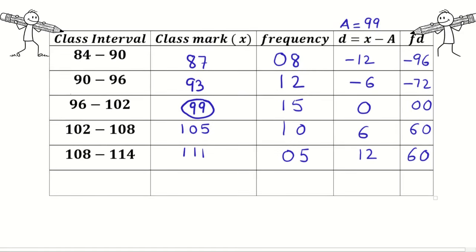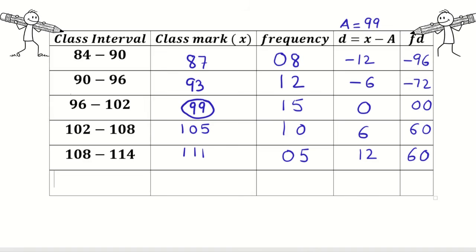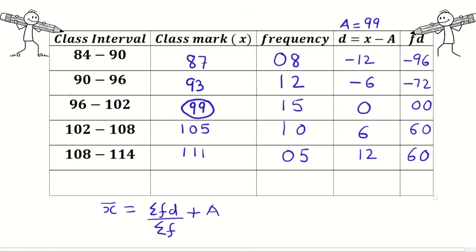The formula for mean is x bar is equal to sigma fd upon sigma f plus a. Now remember I told you, I'll bring it back: if I have subtracted a from all this data, meaning I have manipulated it, in the formula I will bring it back by adding a. I hope this is clear.